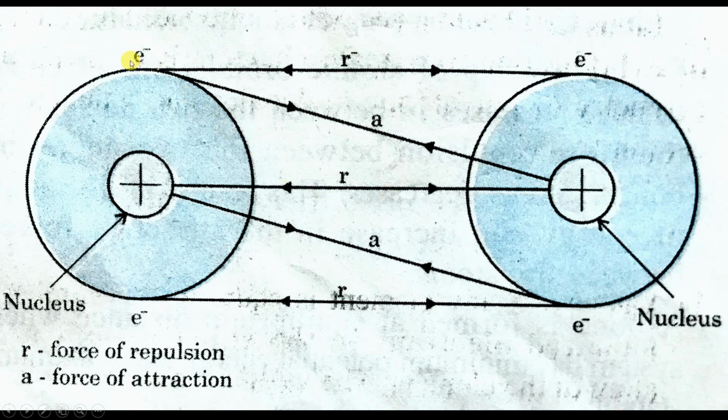The electrons of this atom are going to repel the electrons of the other atom, because they both are negatively charged. So guys, there are forces of repulsion between the electrons of both the atoms, and there are forces of repulsion between the nuclei of both the atoms.